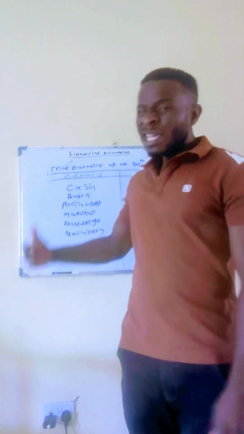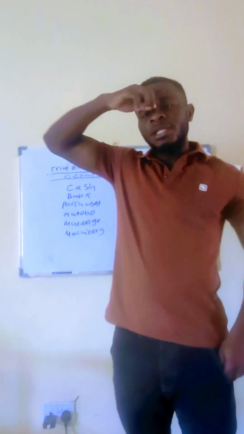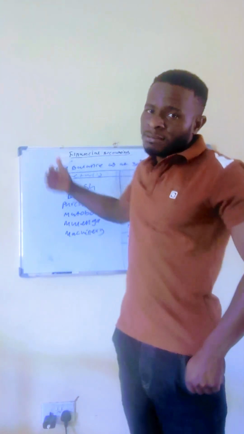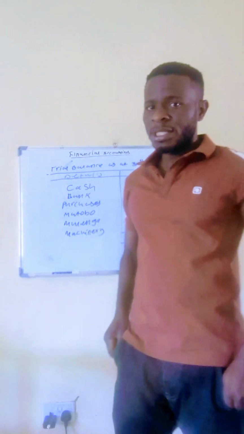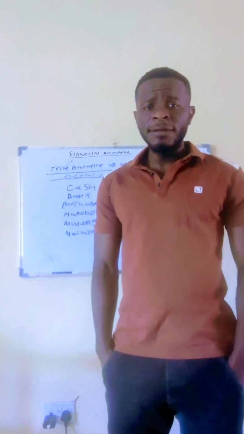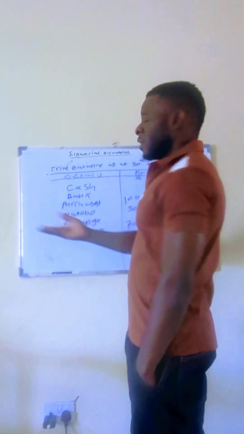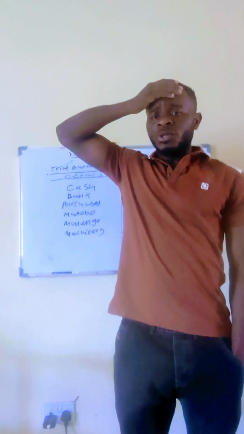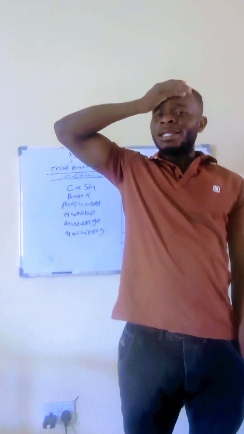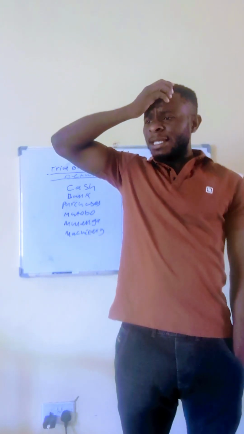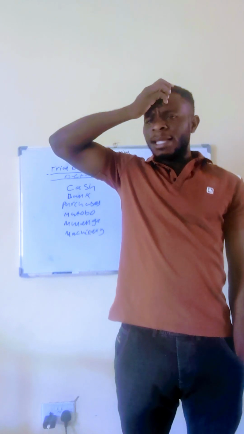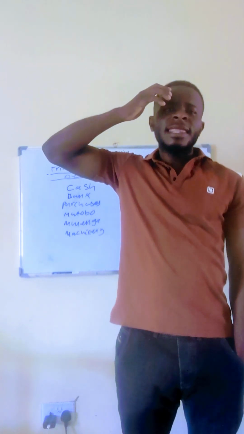I think this is what even most teachers of accounting are facing. These are the challenges most teachers of accounts have. You find a teacher enter a classroom and say, debit the receiver, credit the giver, and that is the end.